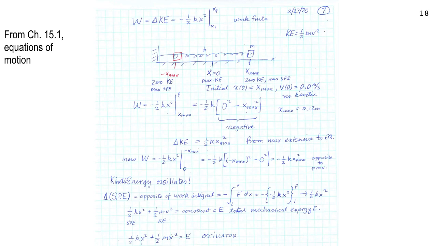So whenever you see a potential energy that's the square of a coordinate, x dot, the time derivative of your coordinate, is always going to give you kinetic energy. But if you have a potential energy that's the square of that same coordinate, you always oscillate. This is an oscillator condition.